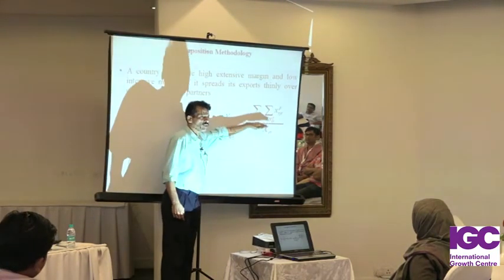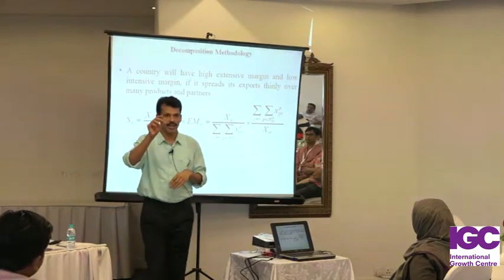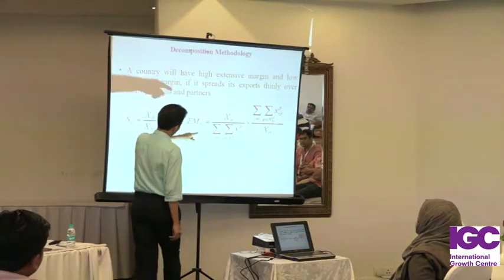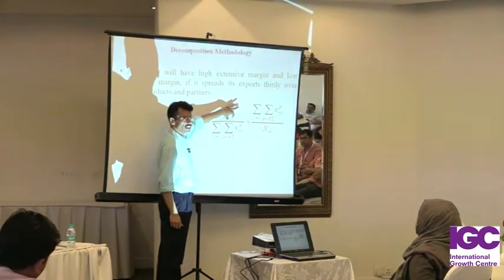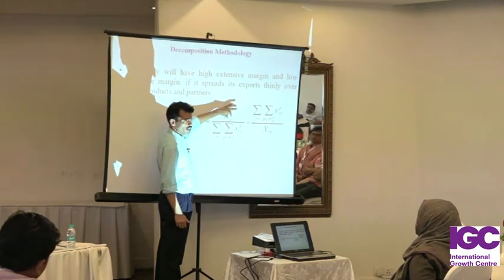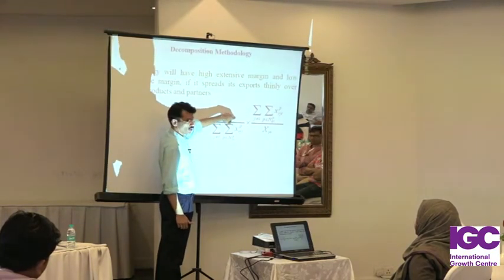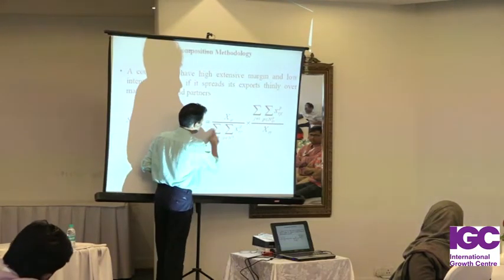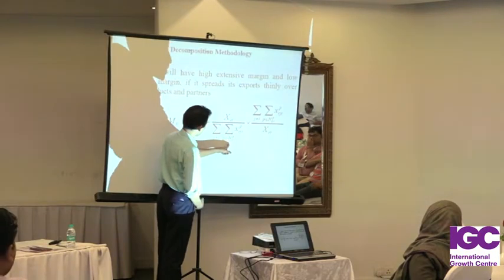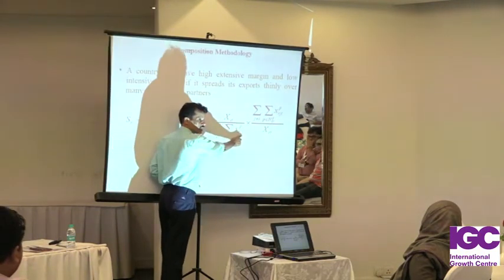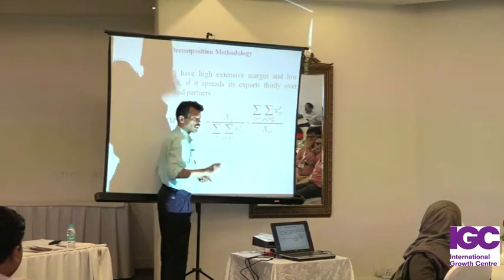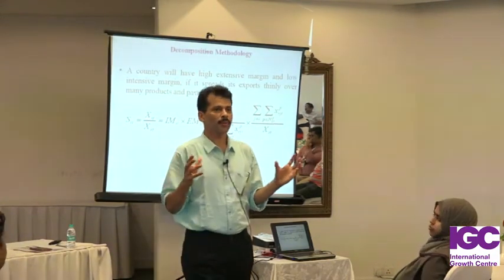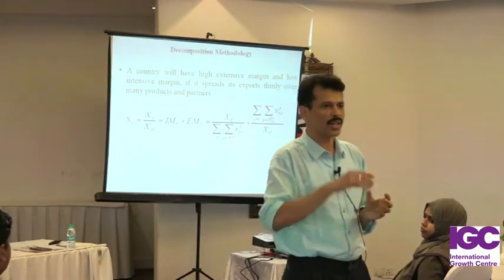So, basically the intuition behind that method is very simple. I will explain the intuition. What we are doing here is that this is the aggregate Indian export from I in time t, divided by the rest of the world's export, but not the entire rest of the world export, only a subset of it.